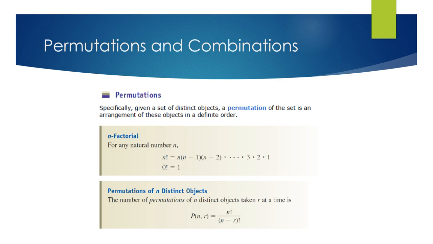So now they do talk about a factorial. You'll see it as a symbol, an exclamation point. Basically, a factorial means that you're going to take a number and multiply it by every integer that's beneath it until you get to 1. So if I do 7 factorial, that's 7 times 6 times 5 times 4 times 3 times 2 times 1. 0 factorial is defined to be 1.